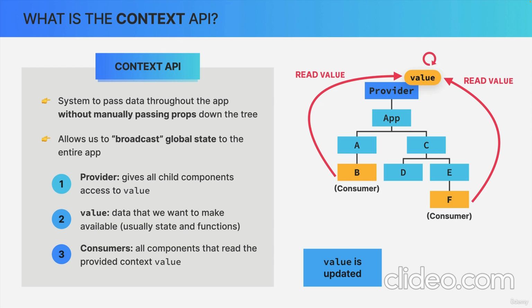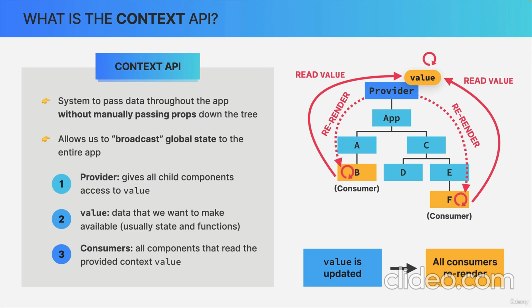So whenever the context value is updated, all consumers will automatically be re-rendered. So all the components that are reading the context value. So again, whenever the value that is shared is updated in some way, the provider will immediately notify the consumers about the value change, and it will then re-render those components.